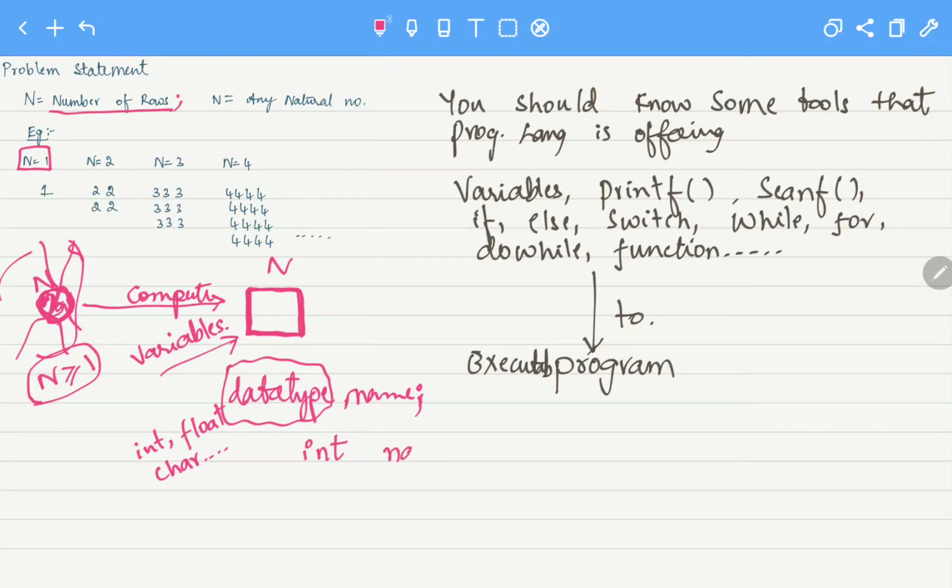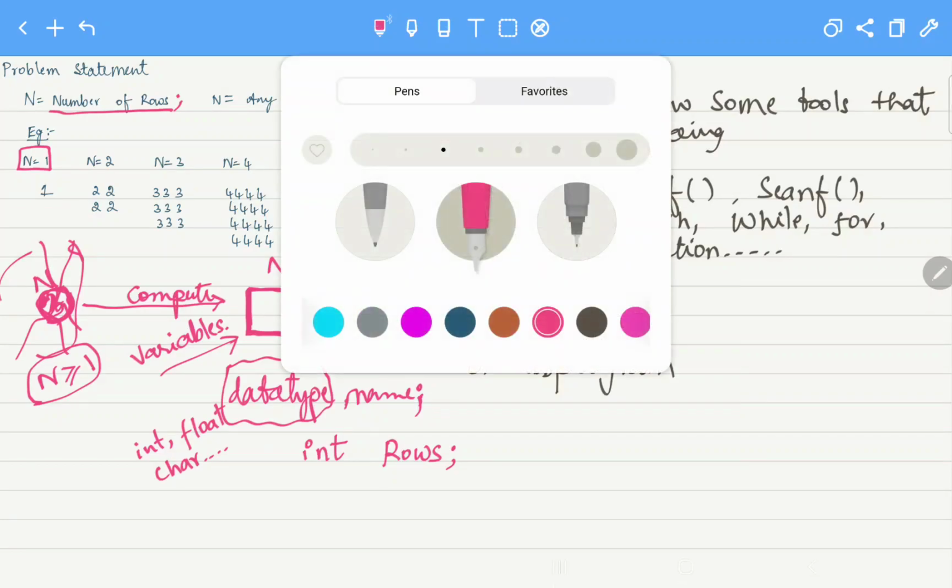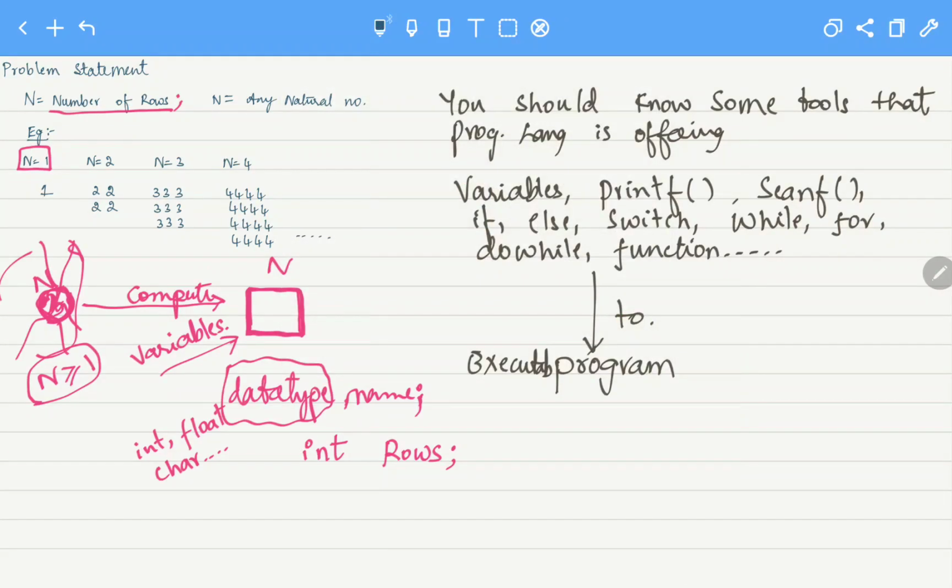Of course you can give any name of your preference, but here I am giving it as int, and I give a good name to understand that, as rows. So this is the first thing I understood. Tool number one, I'm going to use it.